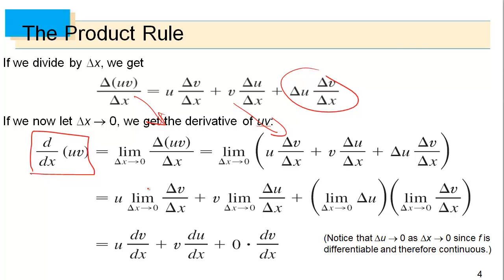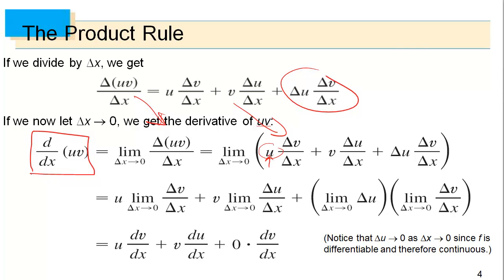And now we can figure out what this stuff is. Well, in this, we're taking a change in v. We're taking the limit now and putting it into each piece. This is a constant times this stuff. Remember, because if we're taking a limit as delta x changes, there's no delta x in this, so it doesn't change at all, so it's a constant.